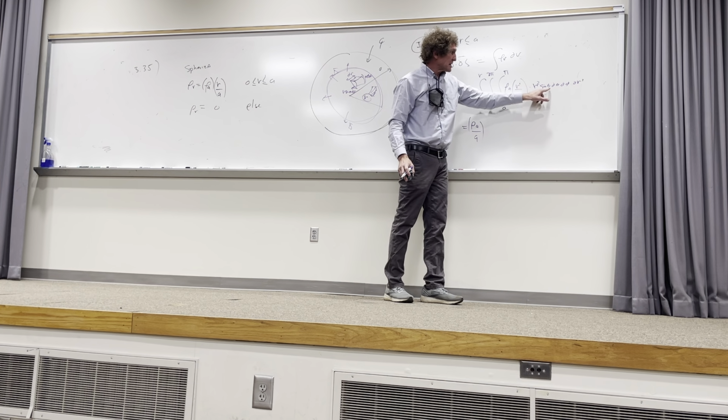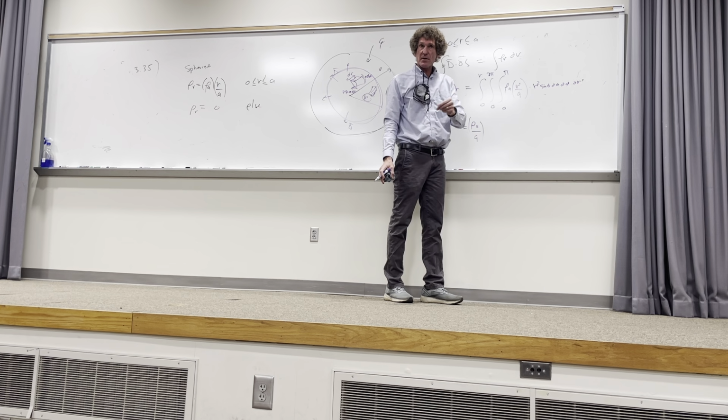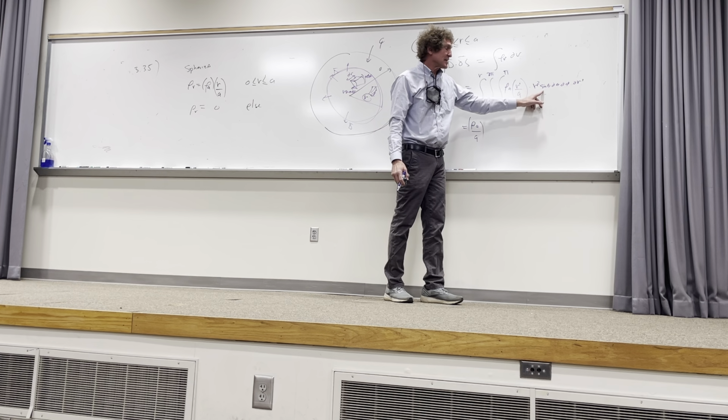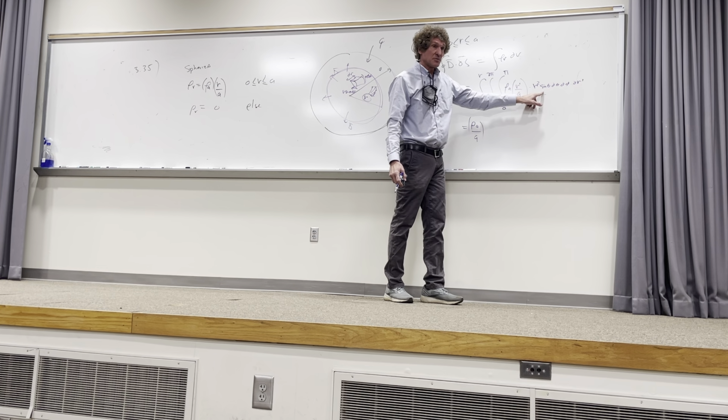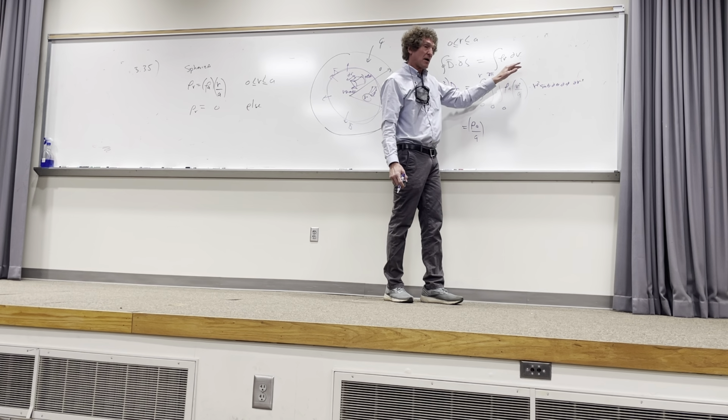I have a sine theta d theta, right? I'm integrating a sine theta. It would be a minus cosine theta. Do you all agree with that? Now this is the trick that I know because I've done this so many times. Anytime I see a sine theta integrated from 0 to pi, I know I'm going to get 2. All right. The integral of sine theta is minus cosine theta, right, from 0 to pi.